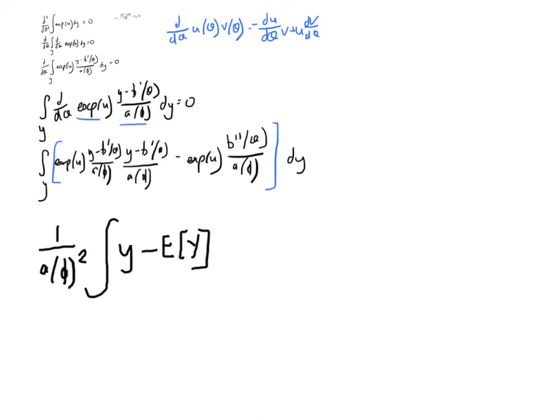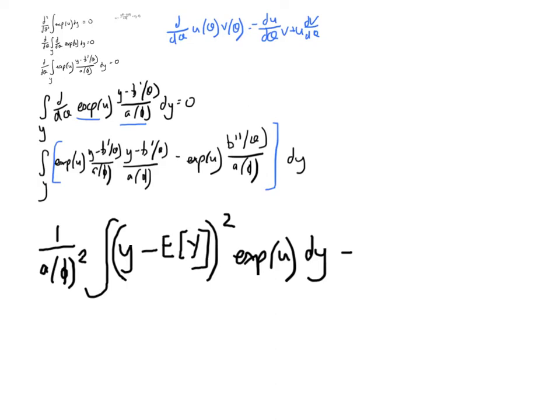So we have y minus b prime of theta multiplied by y minus b prime of theta, so this term is squared, and I'm multiplying that by exp of u. We can break the integral apart because there's a minus sign there, and from this I'm subtracting.